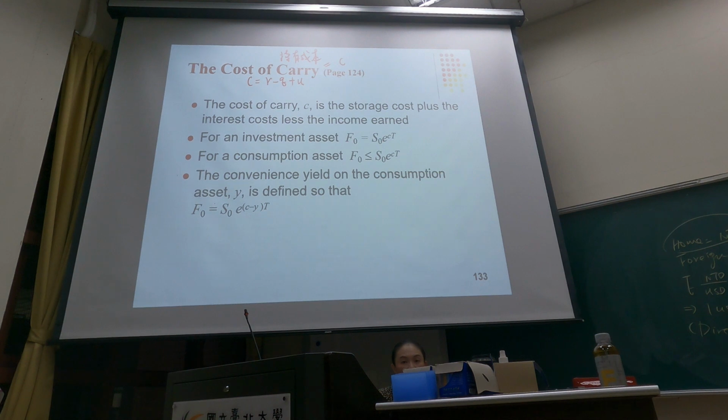Agree? Basically that's your total: this is the risk-free interest, that's the income, and that's the cost. That's what we call cost of carry, if they are all in percentage.